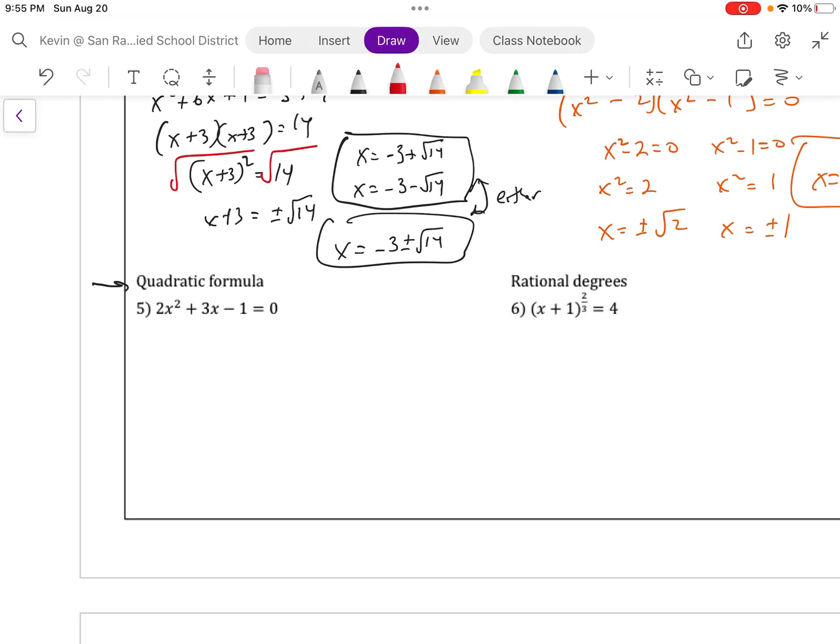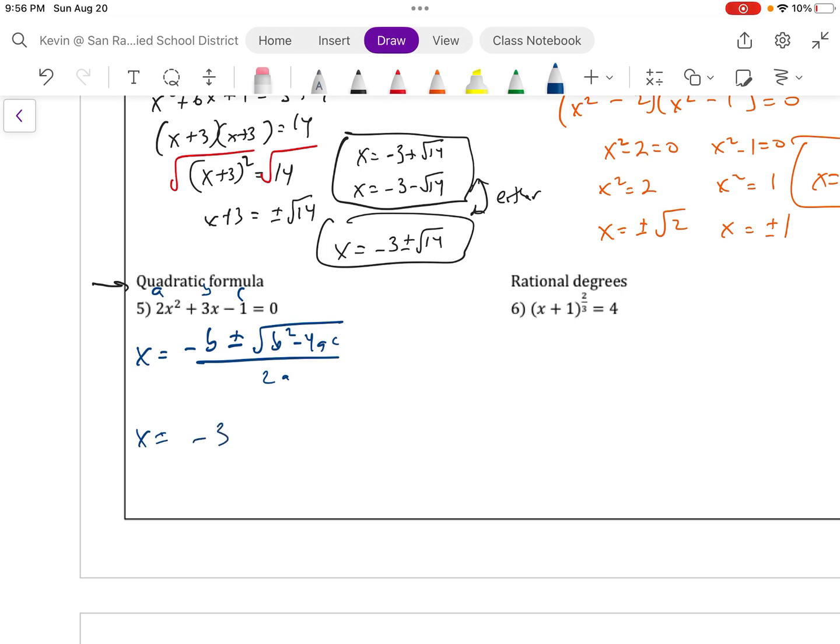Okay, here we have the quadratic formula. We do want to remember the quadratic formula. x equals -b plus or minus the square root of b squared minus 4 times a times c, all over 2 times a. This is a, that's b, and that's c.